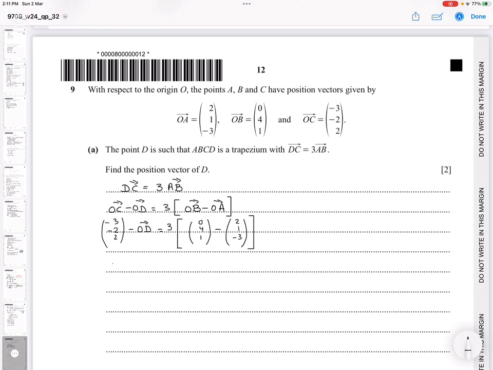Further, after simplification, I get minus 3, minus 2, 2 minus OD equals 3 times minus 2, 3, 4.